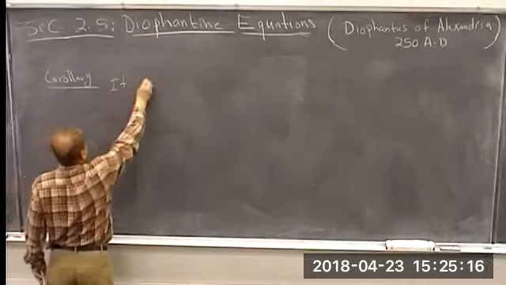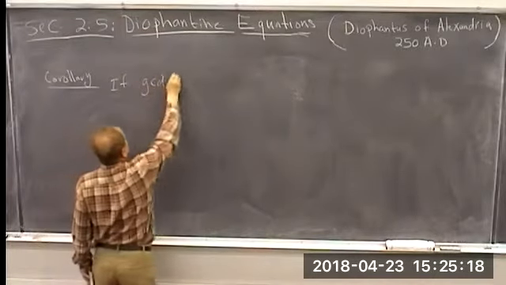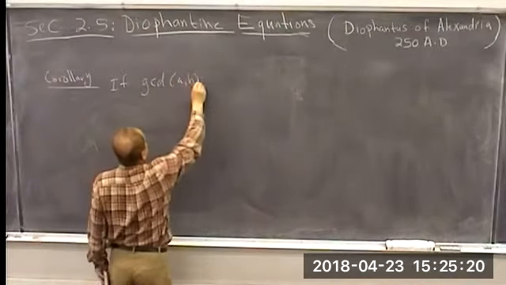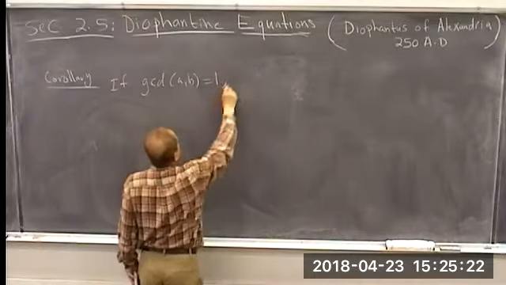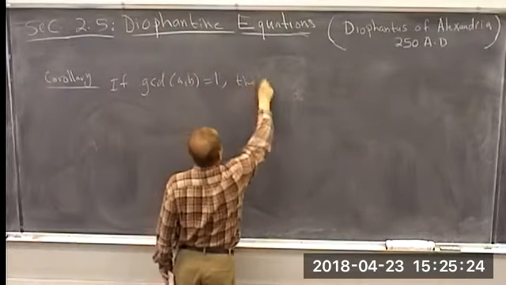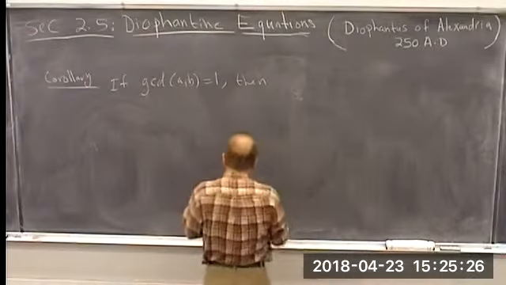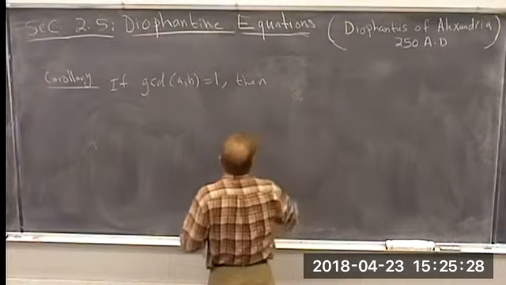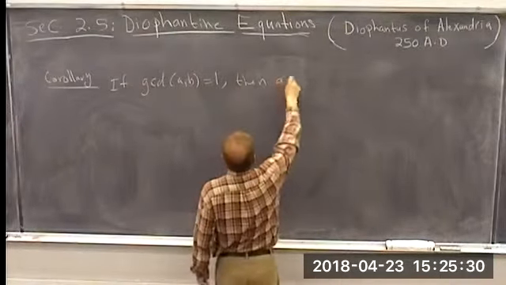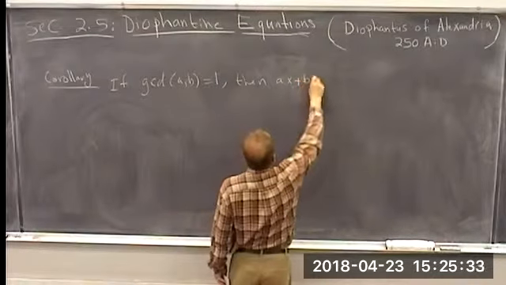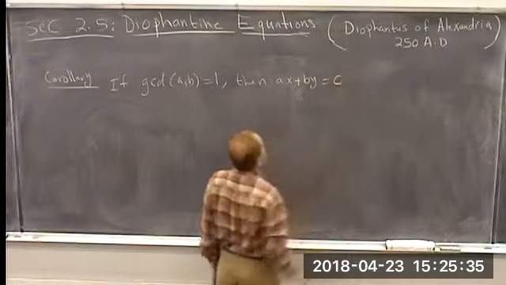If the greatest common divisor of a and b is equal to 1, then ax plus by equals c has a solution.